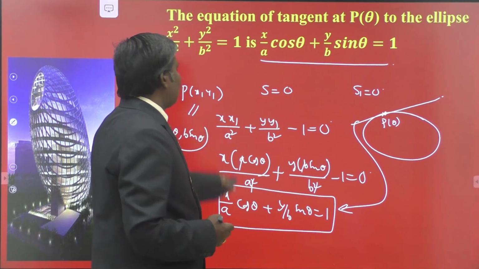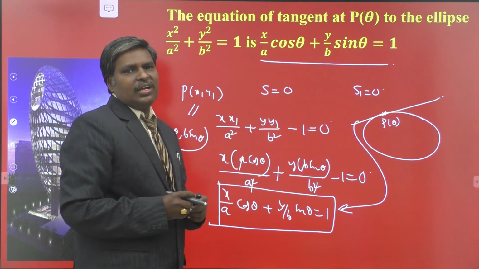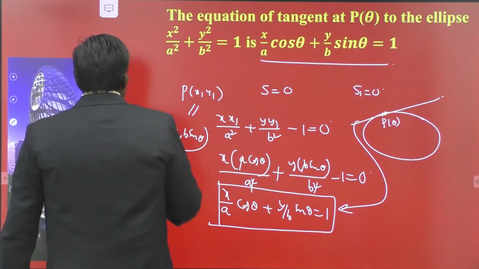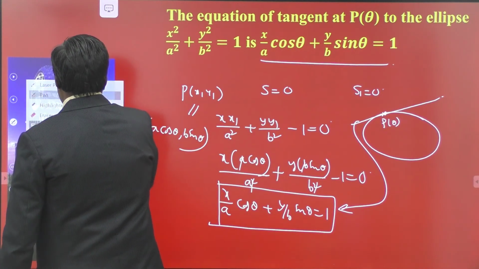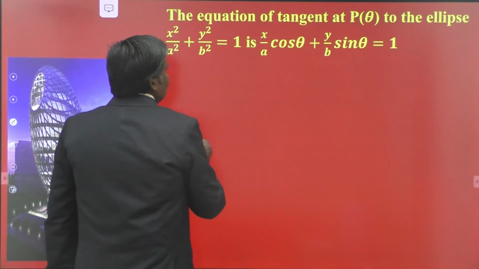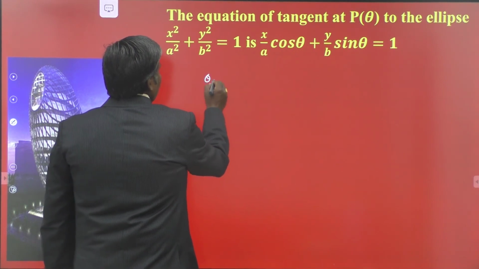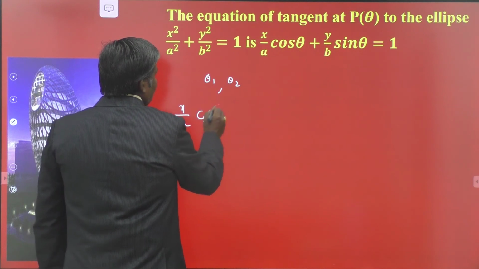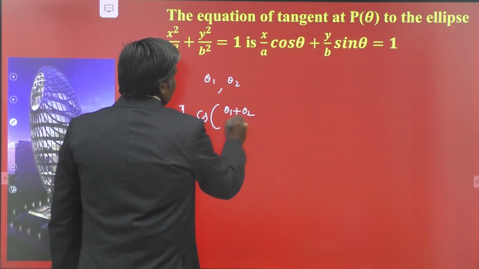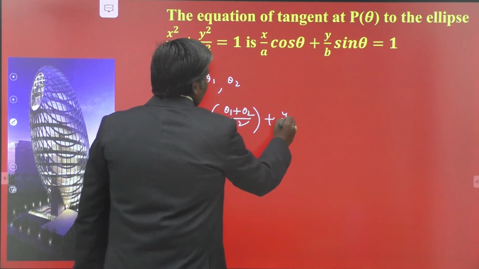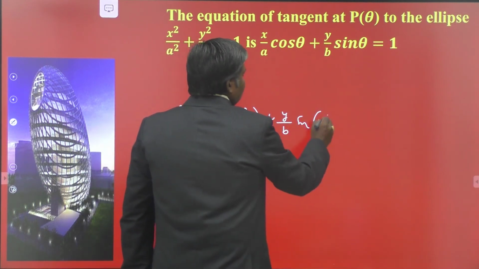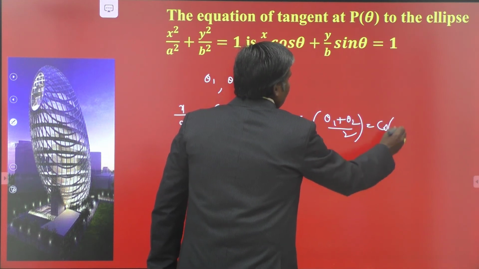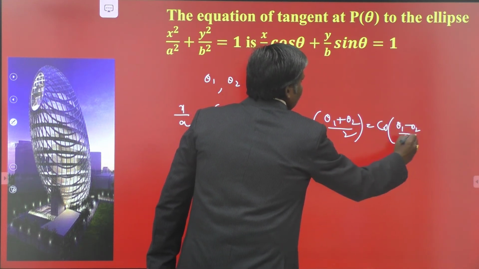We can derive this with the help of the chord joining 2 points on the ellipse also. Let us see that method also. What is the equation of the chord joining 2 points theta 1, theta 2 on the ellipse? x by a cos of (theta 1 plus theta 2) by 2 plus y by b sin of (theta 1 plus theta 2) by 2 is equal to cos of (theta 1 minus theta 2) by 2.